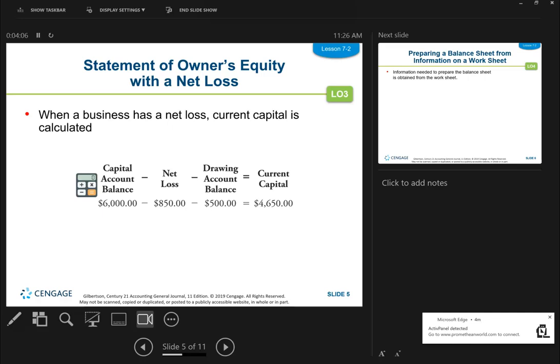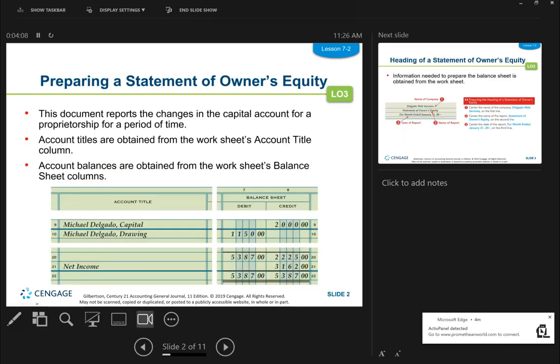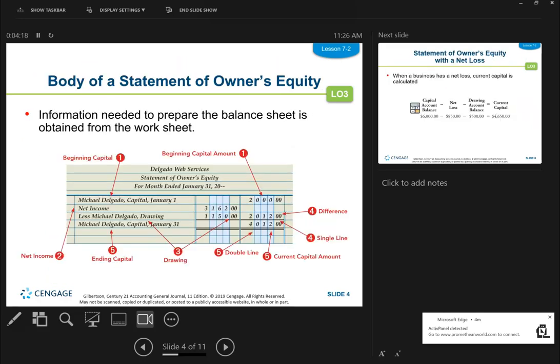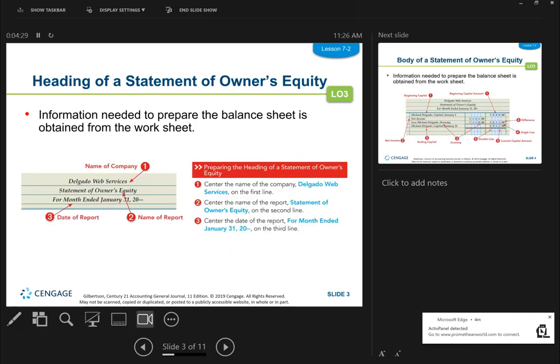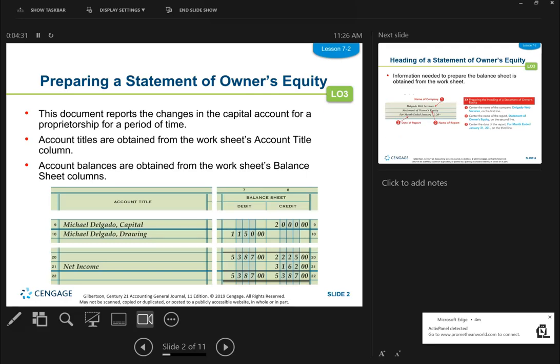You scroll back to the previous page and see that Michael Delgado, capital, is $2,000. That was the start. And then we include the net income that would have come from the income statement, also included on the worksheet. Notice the last row, row 21, has the net income.